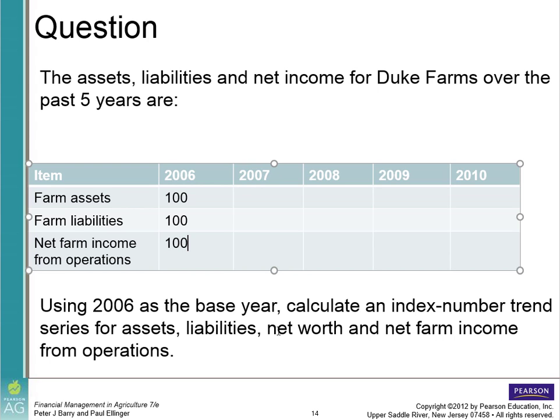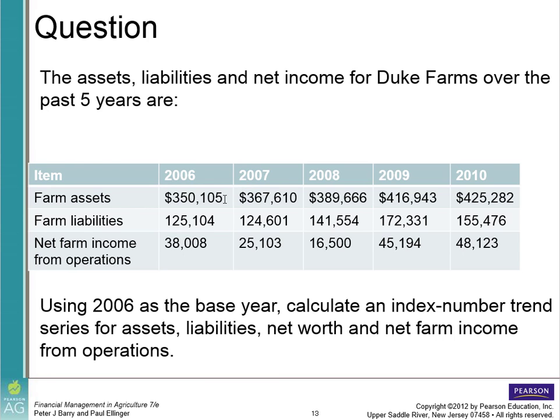The same thing is true for net farm income from operations. Now take your time and see what's going to happen in 2007. In 2007, the value in the current year is 367,610. But what is the value in the base year? In the base year, the value is 350,105.